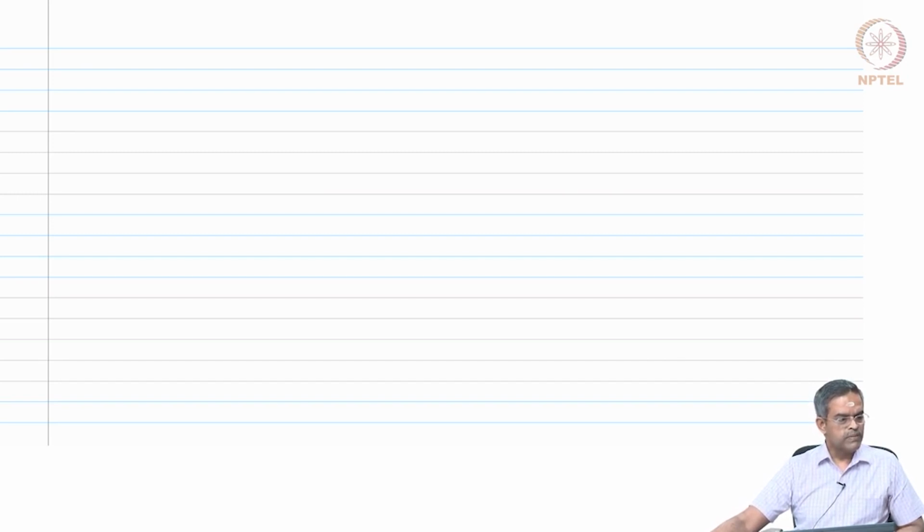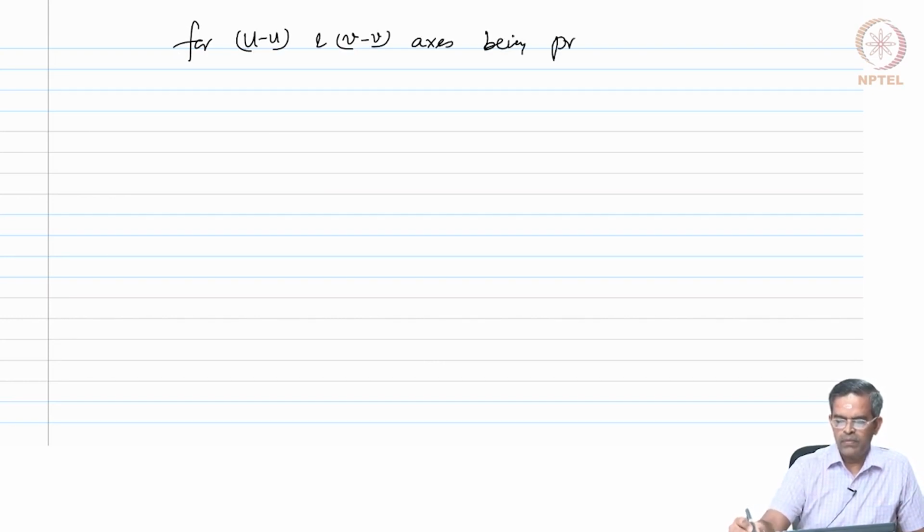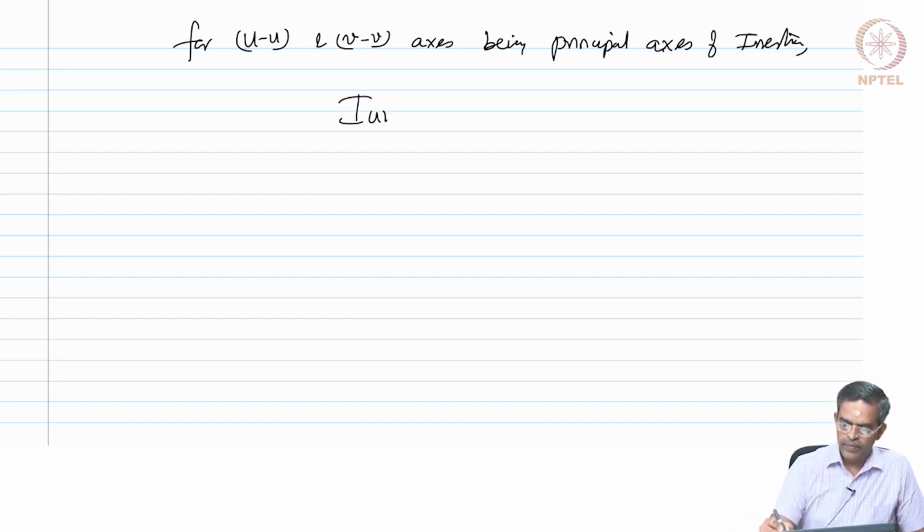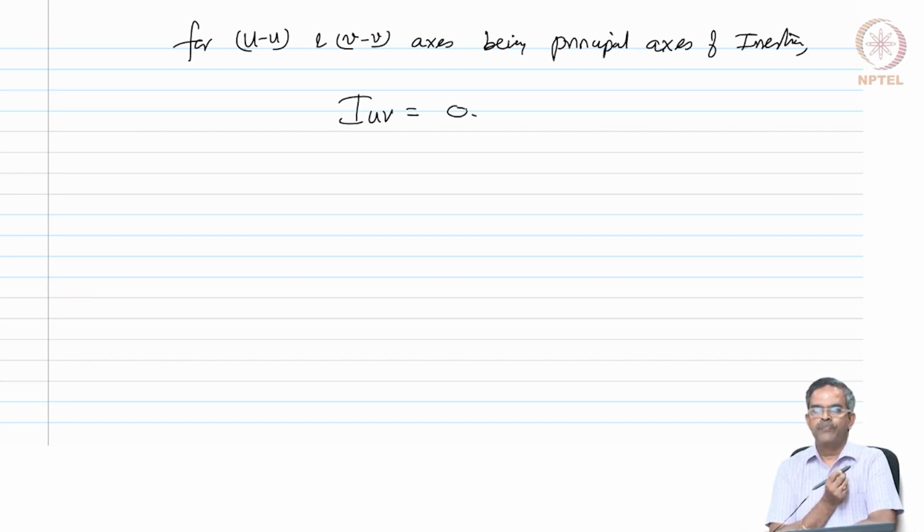So, now friends, U and V being principal axes of inertia, Iuv should be 0. Okay.